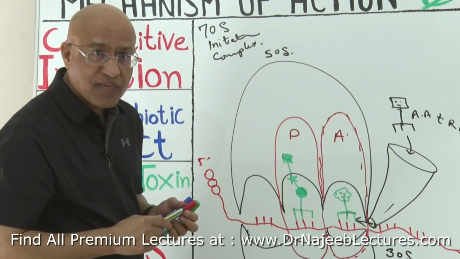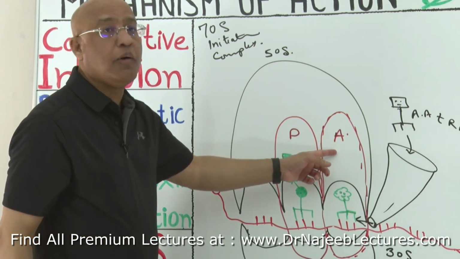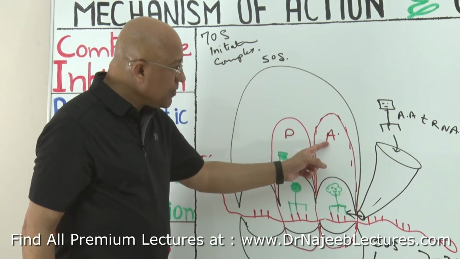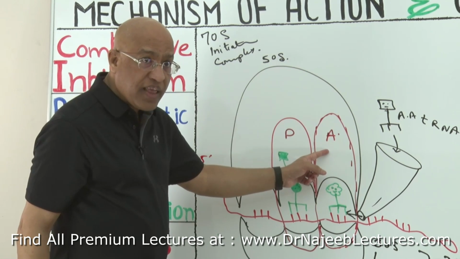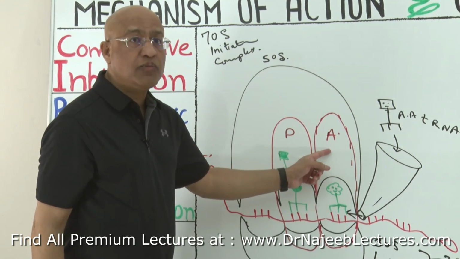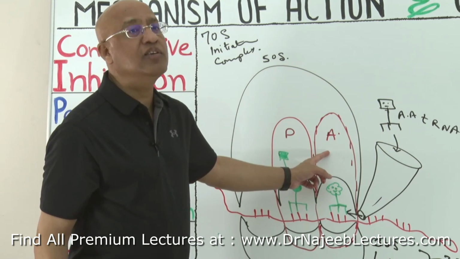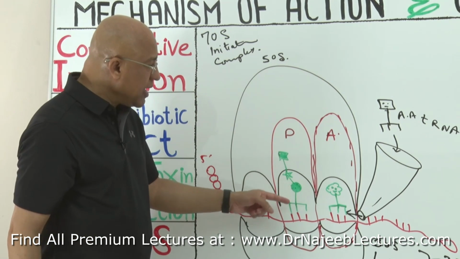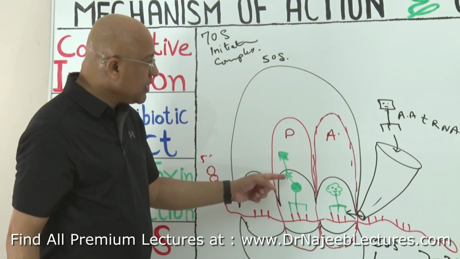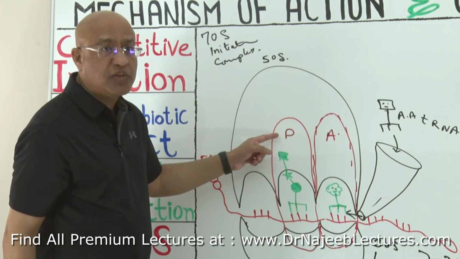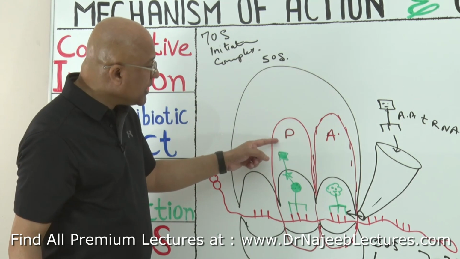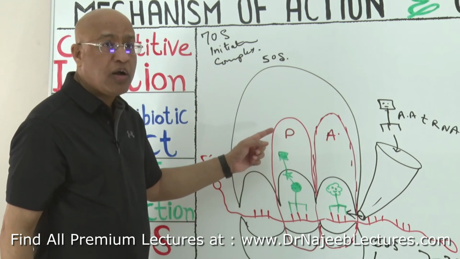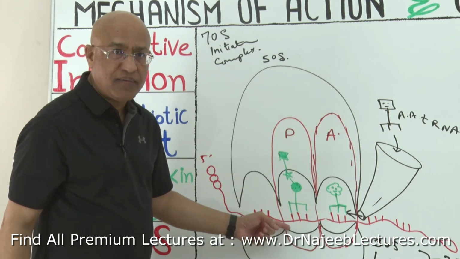P is for peptide, A is for aminoacyl, there are two meanings everywhere. The A site is for acceptor site, or for aminoacyl transfer RNA site. Where the transfer RNA with the peptide chain being formed is present, we call it the P site, or peptidyl site, or site for the peptidyl transfer RNA.